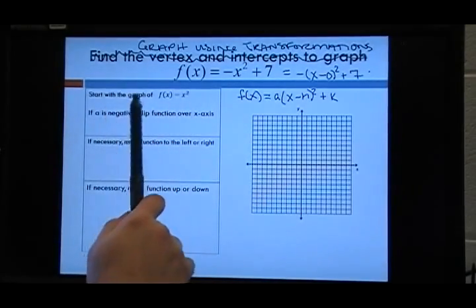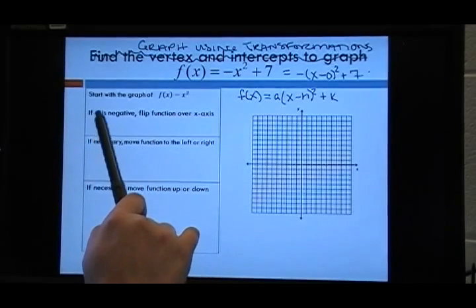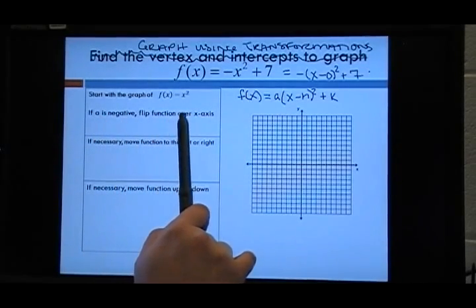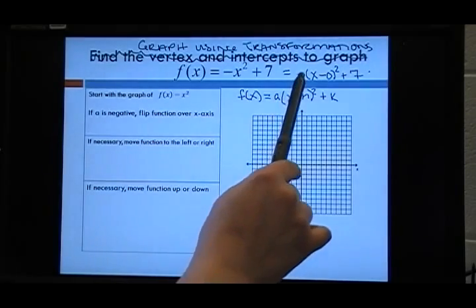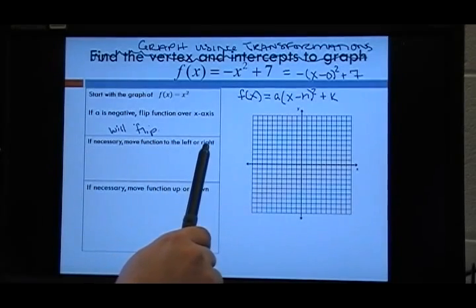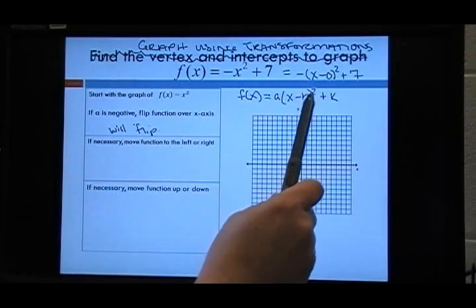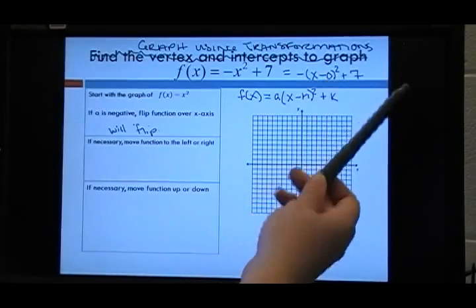Okay, so when graphing with transformations, I first say, okay, if a is negative, I'm going to flip my function over the x-axis. A is negative in this case, so we will flip. Okay? If necessary, I'm going to move the function to the left or to the right. So that is determined by the number that's here.